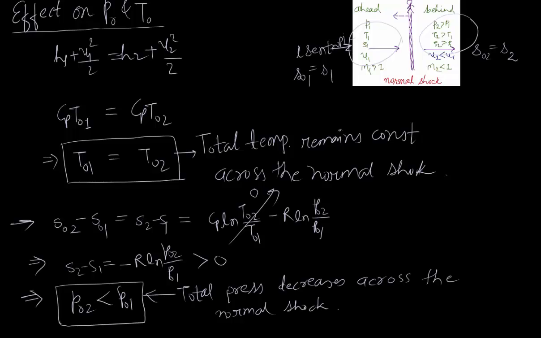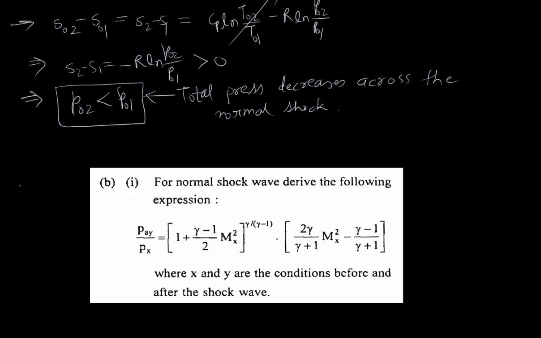Next, we will consider a question, and this question was asked in IAS 2010. The question is, for normal shock wave, derive the following expression: Py upon Px equals this, where x and y are the conditions before and after the shock wave.